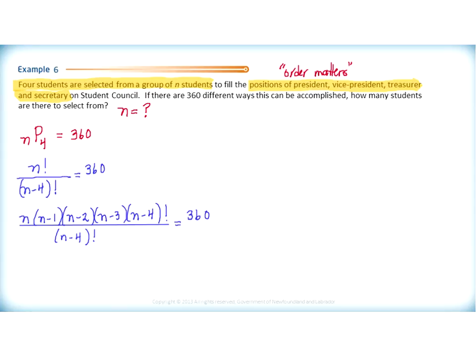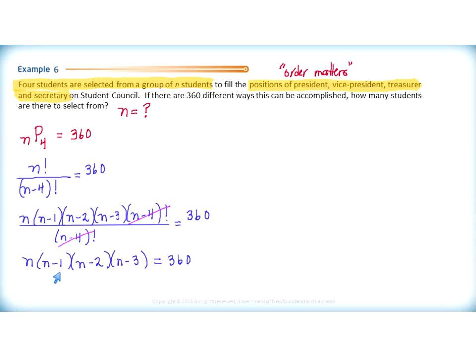So notice here that the n minus 4 factorials will cancel. So now what we have is n multiplied by n minus 1 times n minus 2 times n minus 3 is equal to 360.